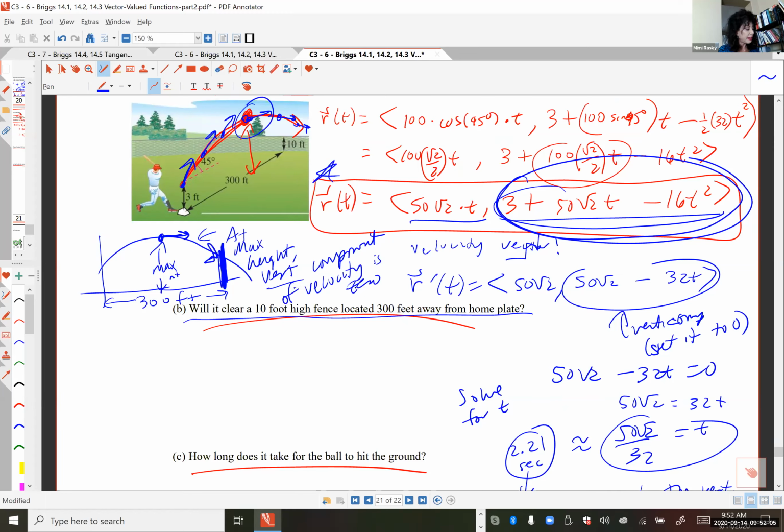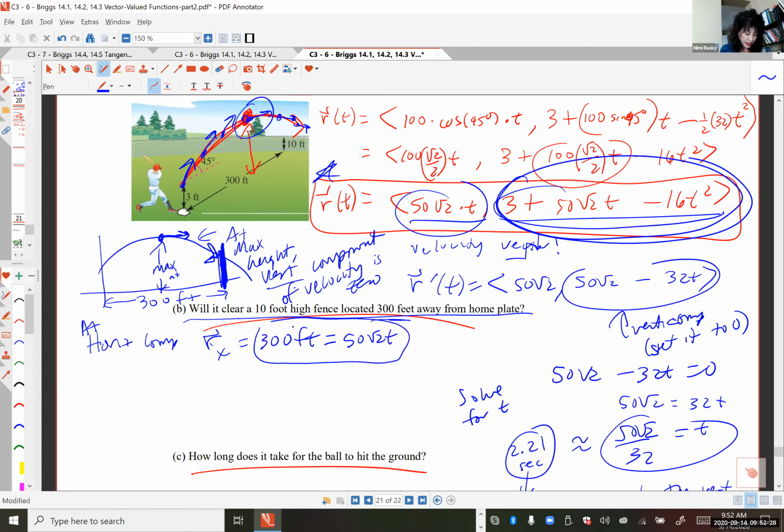So this is a multi-step problem. What they're telling me is at the horizontal component, so we're looking at the range here, at 300 feet away from home plate. So essentially your Rx is 300 feet. And if you look at what your horizontal component is for your position, it's 50 square root of 2t.